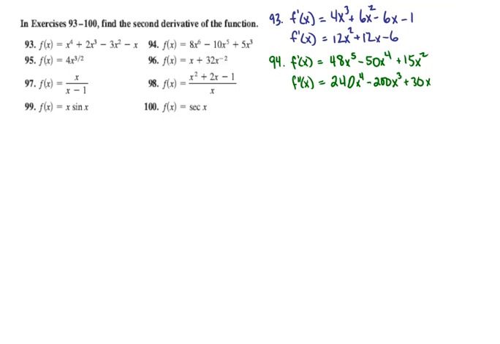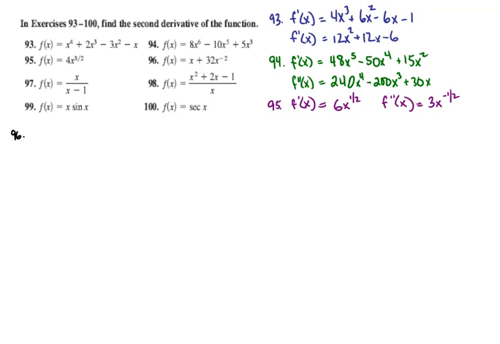Then plus 30x. In problem 95, the first derivative would be 3 halves times 4, which is 6x to the 1 half. The second derivative would then be 3x to the negative 1 half.